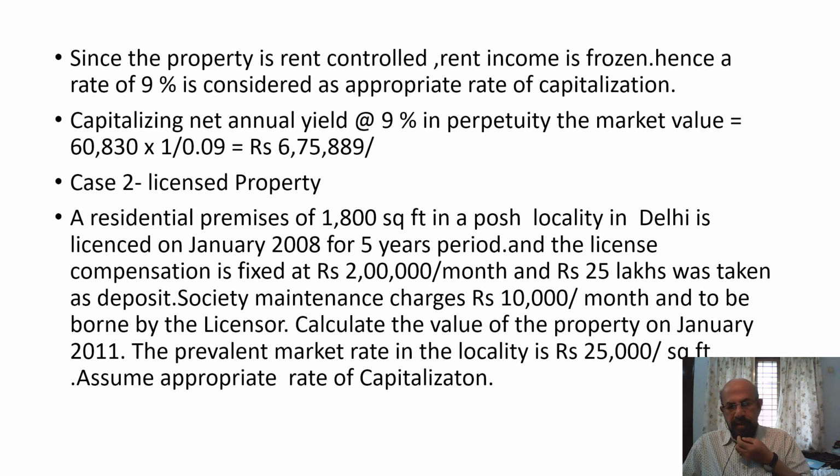Society maintenance charges come to rupees 10,000 per month and are to be borne by the licensor. Calculate the value of the property in January 2011. The prevalent market rate in the locality is rupees 25,000 per square foot. Assume appropriate rate of capitalization.